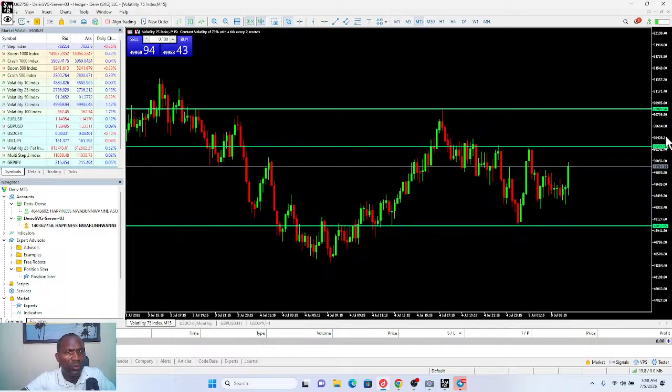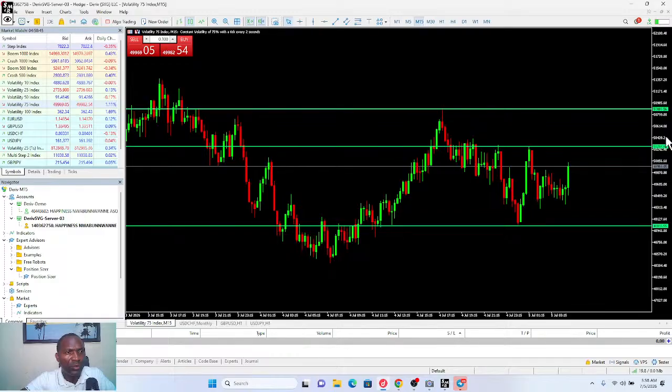So these are the three pairs we've really looked at. I'm going to add them and see the way the market is going. Remember, the market will always fluctuate. You always fluctuate. So you always do what?